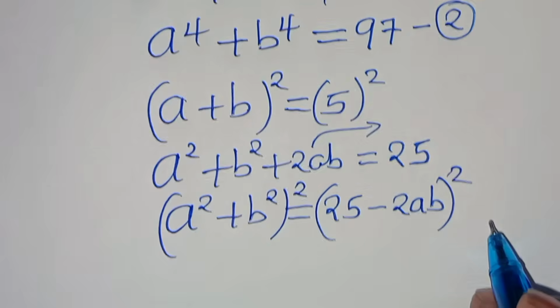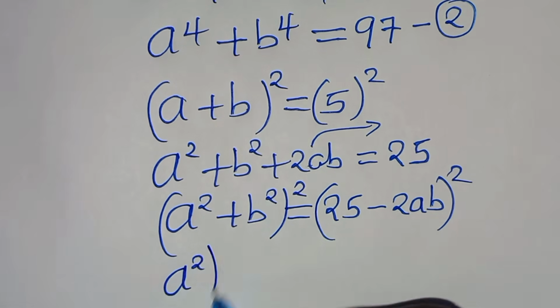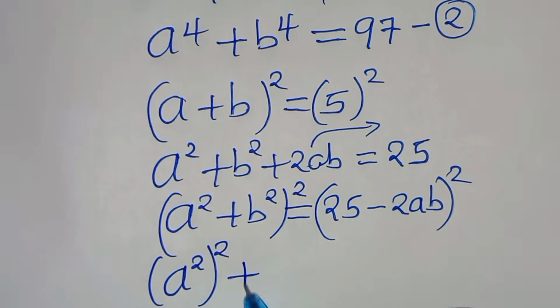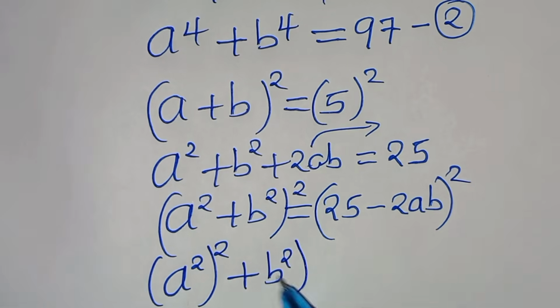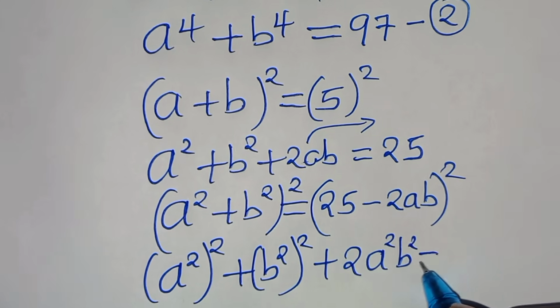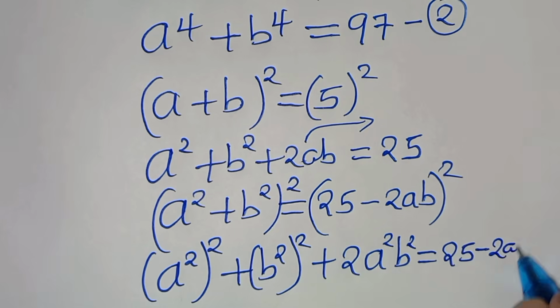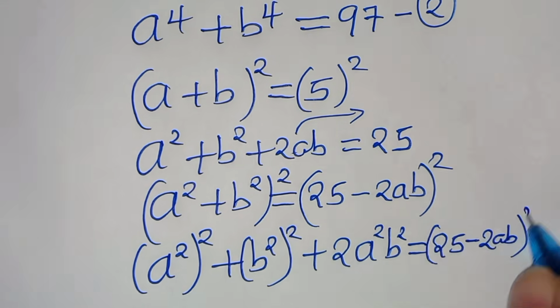Now, the next step is to square both sides from here. So we have a squared raised to the power of 2 plus b squared raised to the power of 2, then plus 2a squared b squared, equal to 25 minus 2ab all raised to the power of 2.